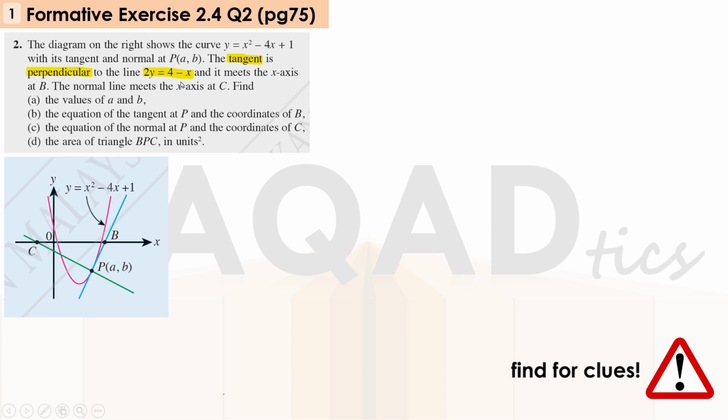But it says perpendicular, so I assume we need to use gradient to help us find A and B. In this chapter, we know that the gradient m equals dy over dx, and this would be the value of dy over dx at point P. Two things we need to find.